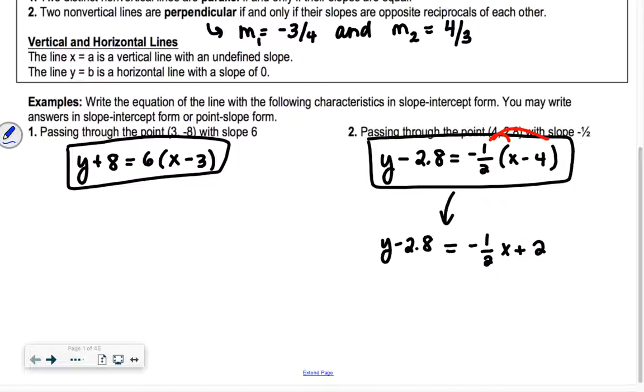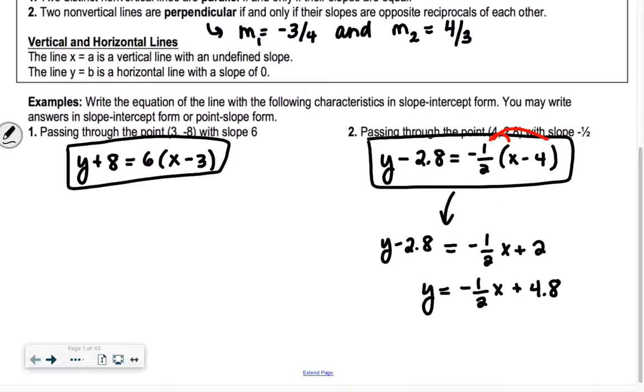Then you would add the 2.8 to both sides. Now that you're in pre-calc, I know I don't have to write these transition steps, right? Do you agree? So I'm just going to add the 2.8 over. So y equals -1/2 x plus 2 plus 2.8, so 4.8. So it's pretty easy to get it into that form.